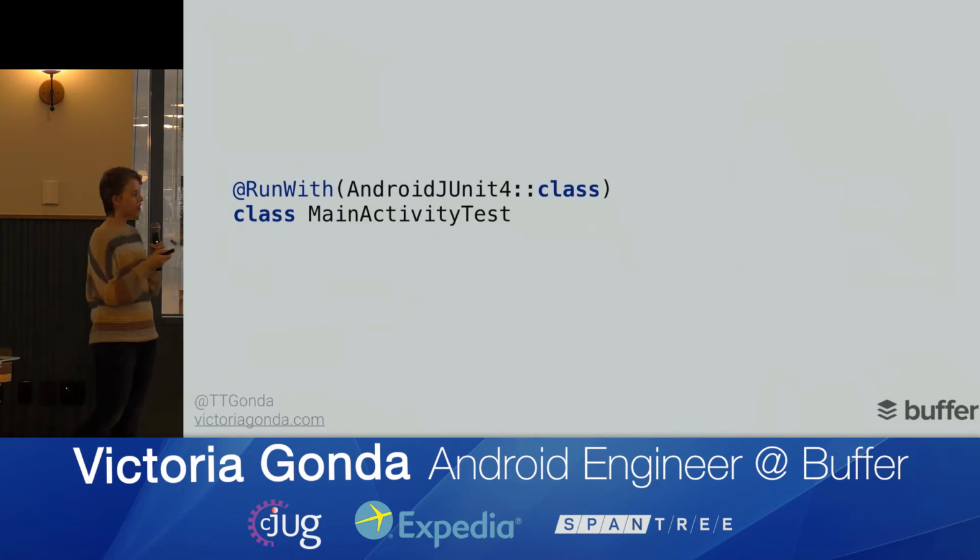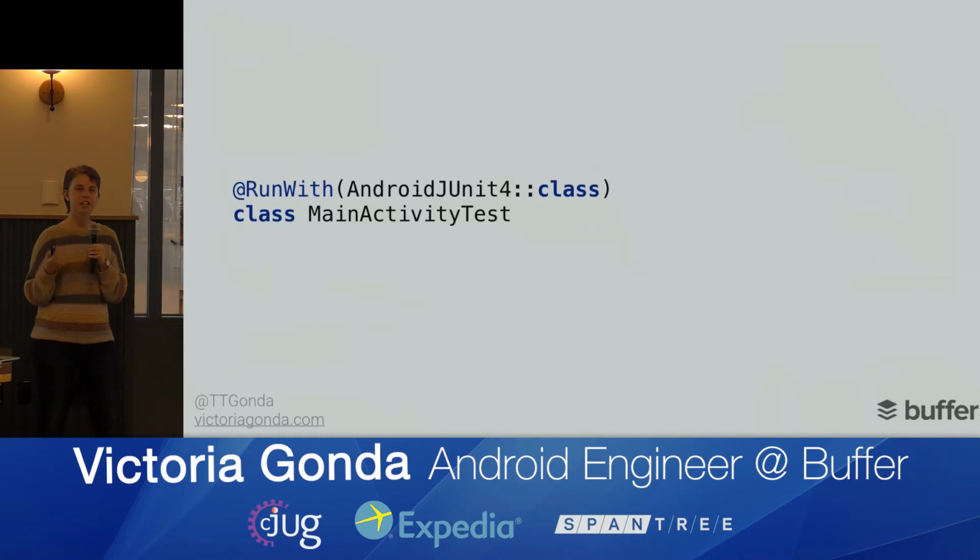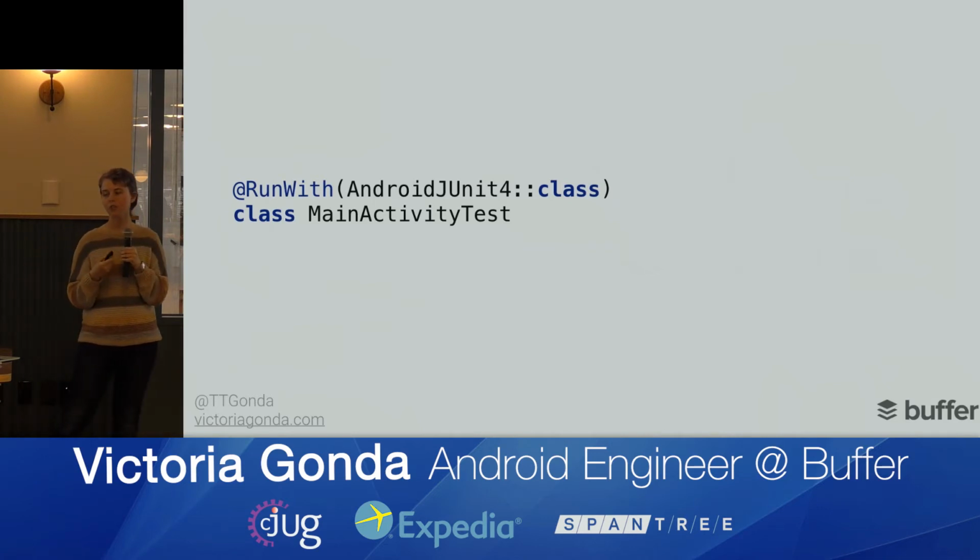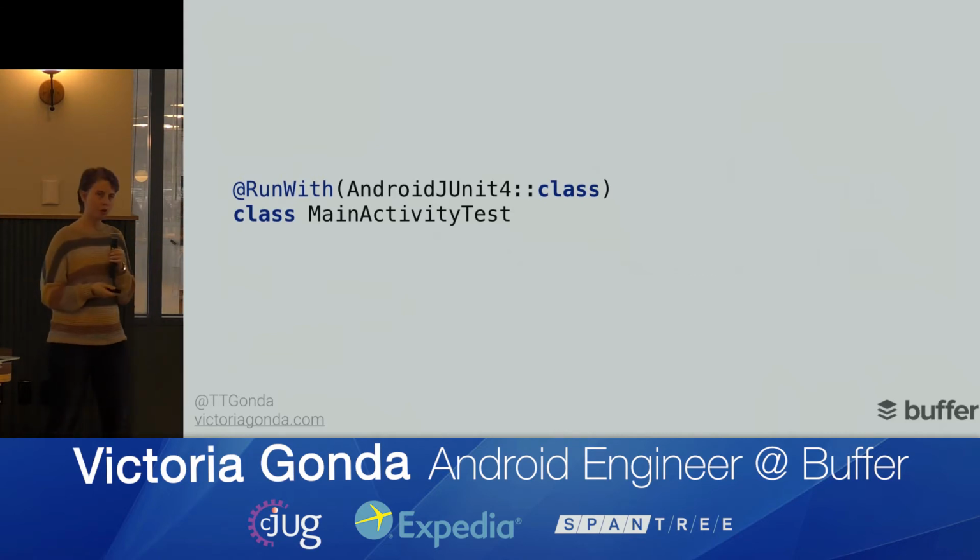So the run with annotation is part of just standard JUnit, and that's what we pass the Android JUnit 4 to. Android JUnit 4 is from the JUnit part of AndroidX test. You can use this runner instead of the Roboelectric test runner when running Android tests locally on your machine.